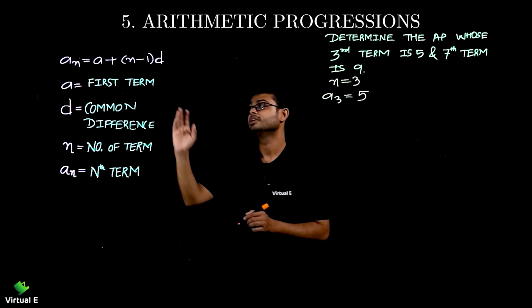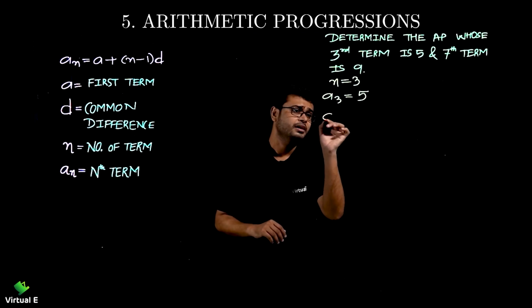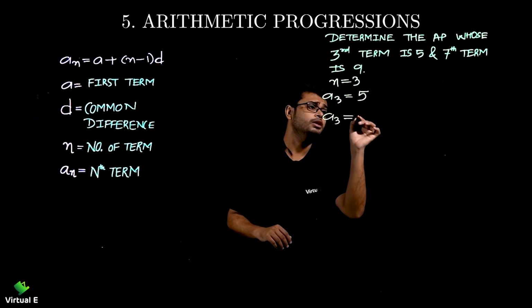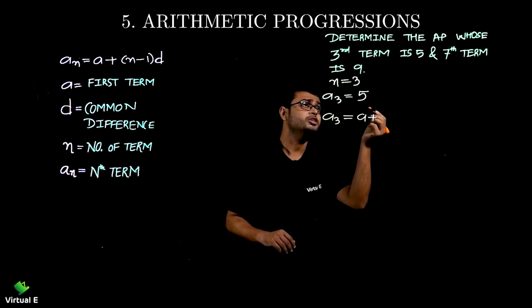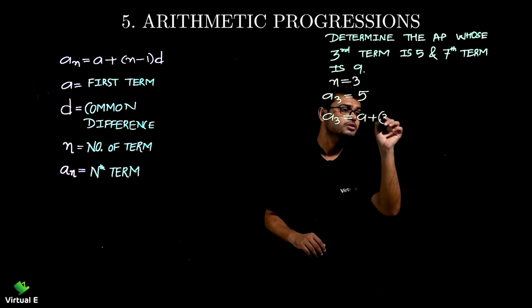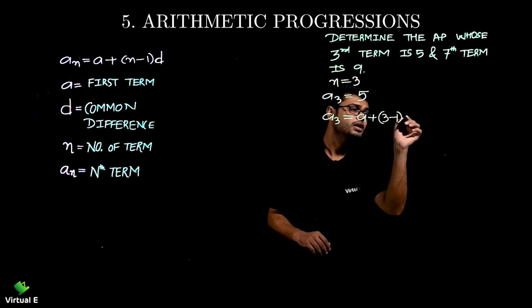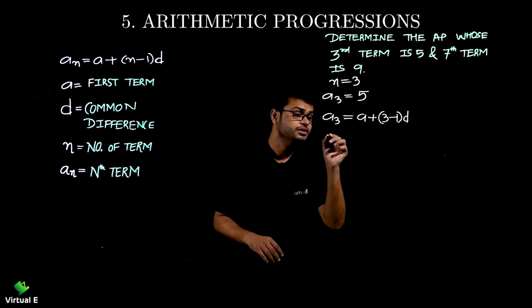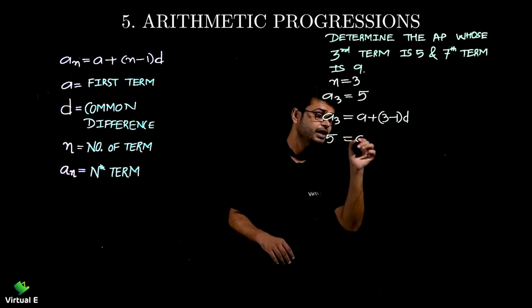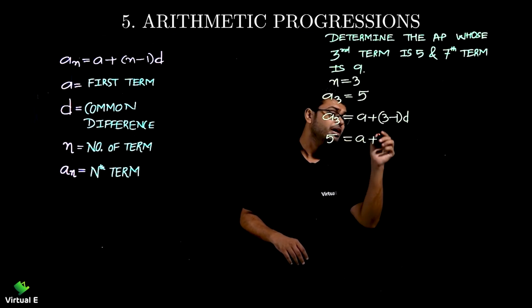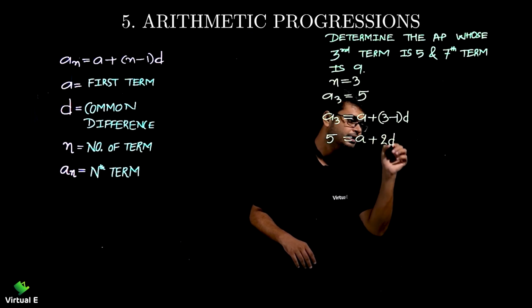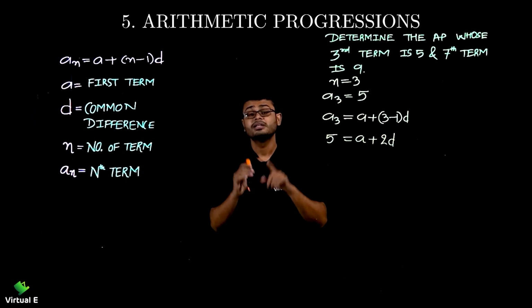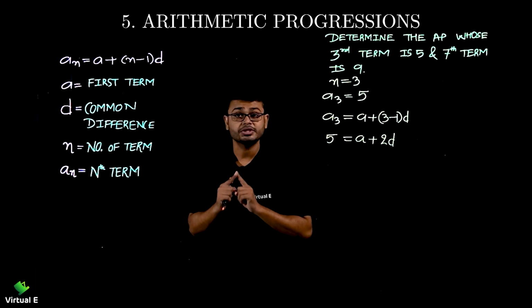So let's apply: a3 is equal to a plus, instead of n, 3 minus 1 into d. Simple. Now a3 value is 5, a as it is, plus 3 minus 1 is 2, and d here. This is my first equation.